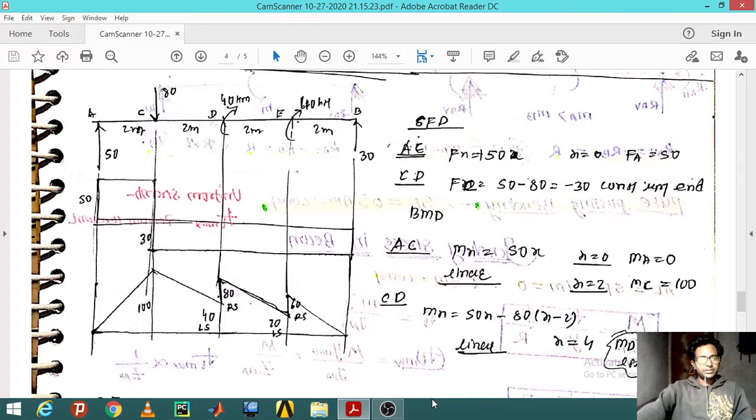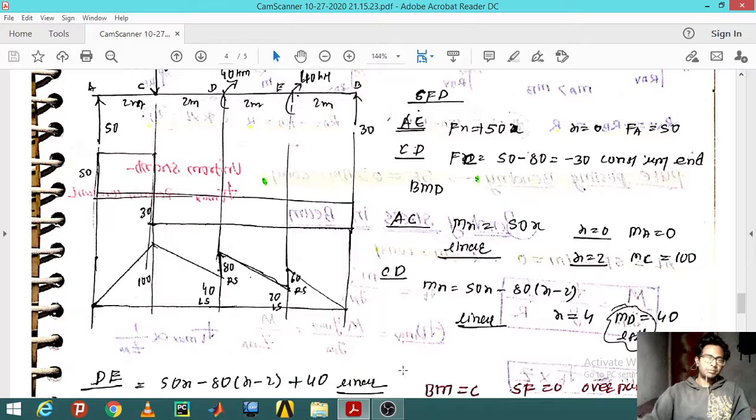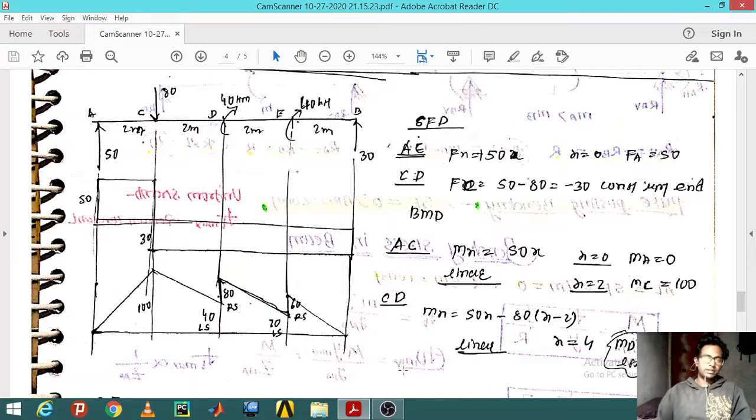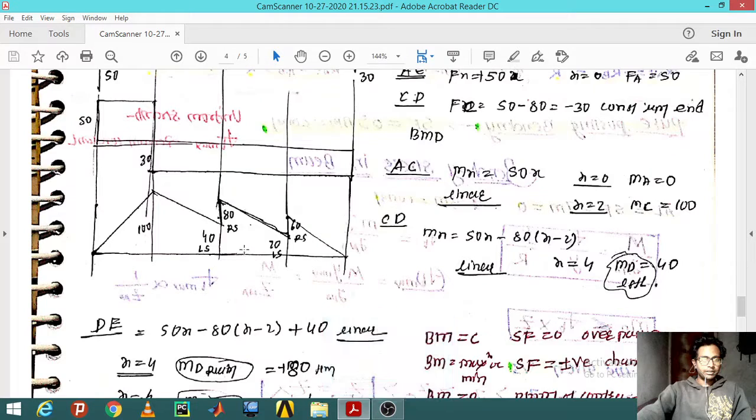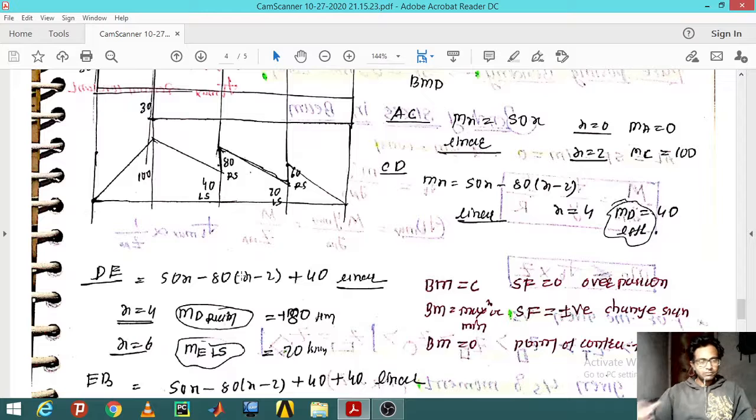So we have seen that at point D, the left side gives 40 kilonewton meter as our moment, but we have to find out the moment at the right side of that point.